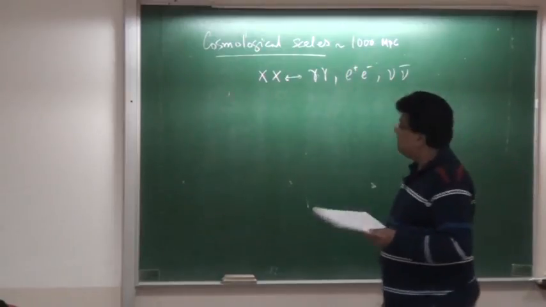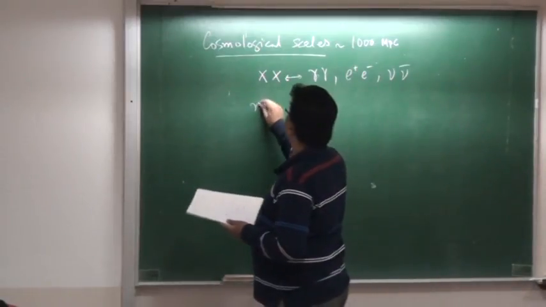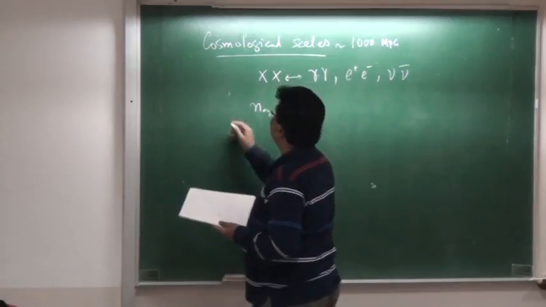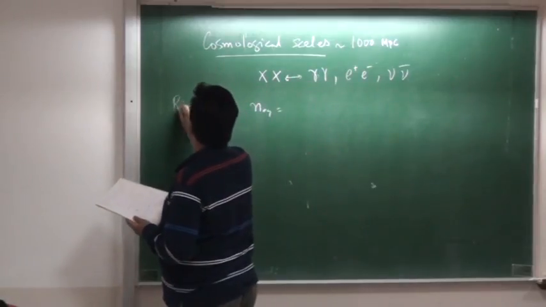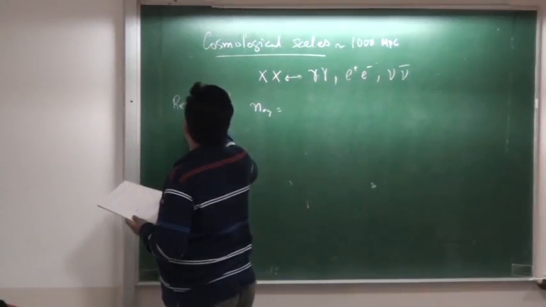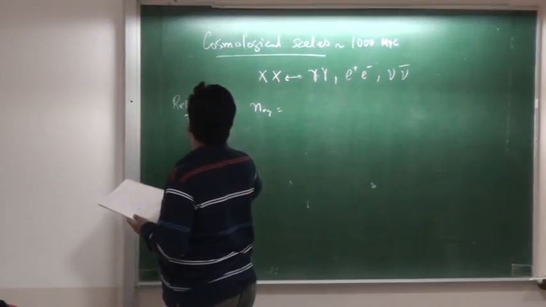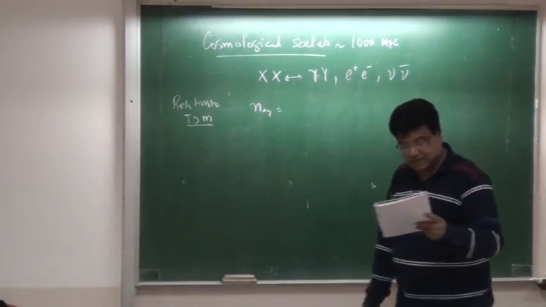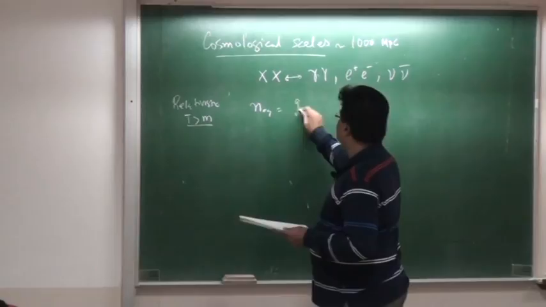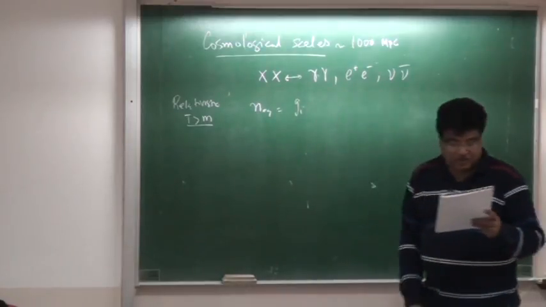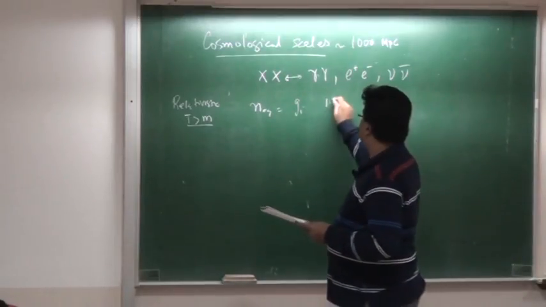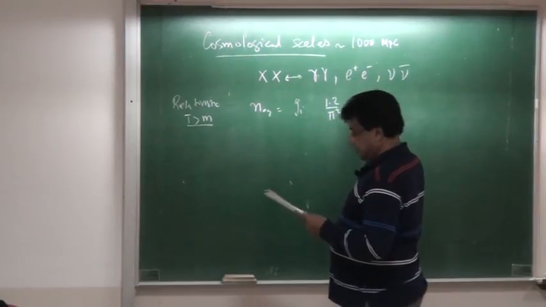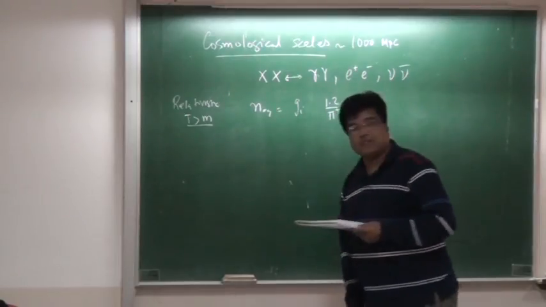So, at equilibrium, supposing something is in thermal equilibrium and it's relativistic, where temperature is large compared to the mass, then its number density is g_i, the number of spin states, times 1.2 upon pi squared T cubed.